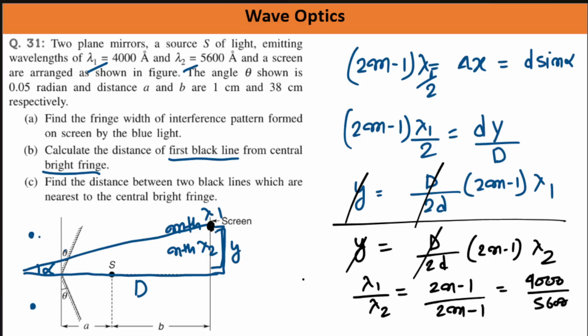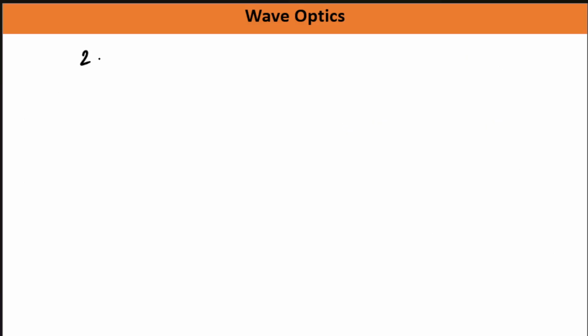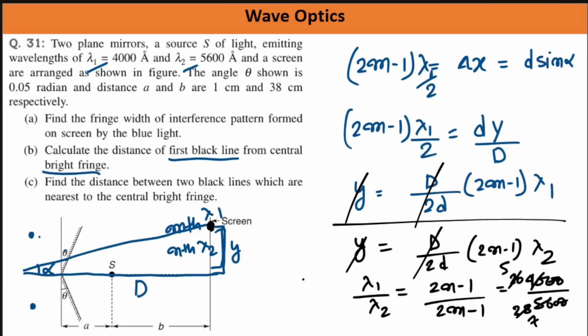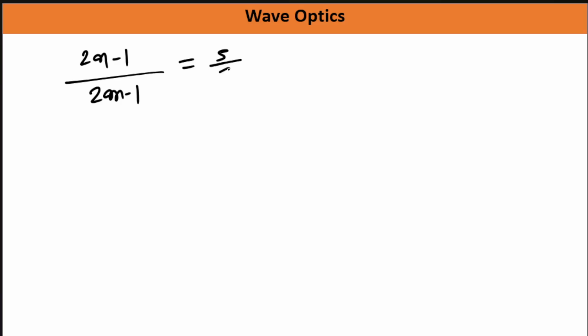Okay, so this is this. Now this you can write like this. So this is 5 by 7. So (2n minus 1) by (2m minus 1) is equal to 5 by 7, right?